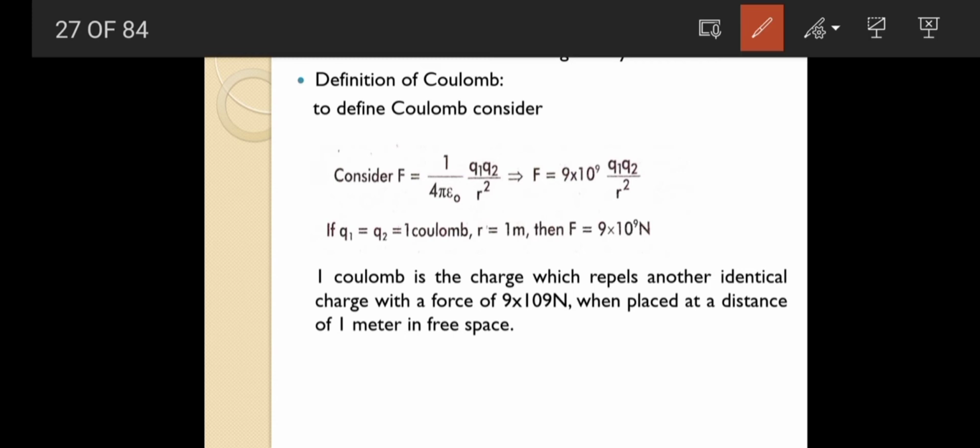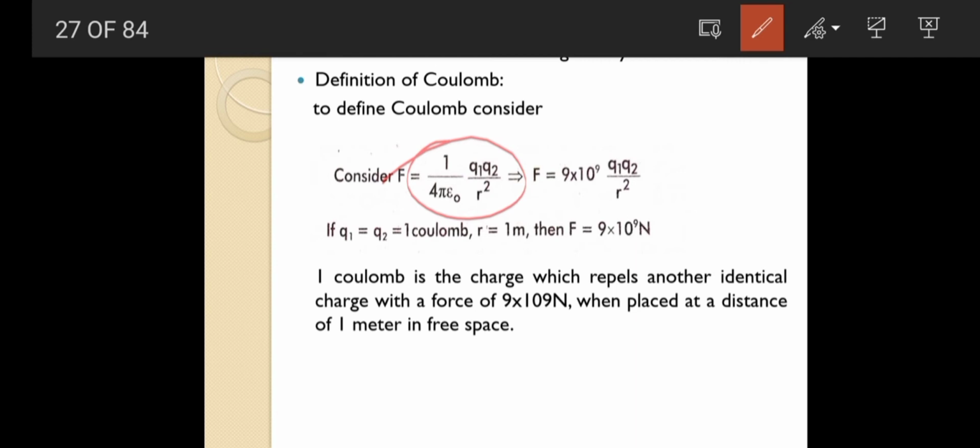What is the meaning of Coulomb? When we say that a body has 1 Coulomb of charge, that can be defined using the formula for the electrostatic force between any two charged bodies.